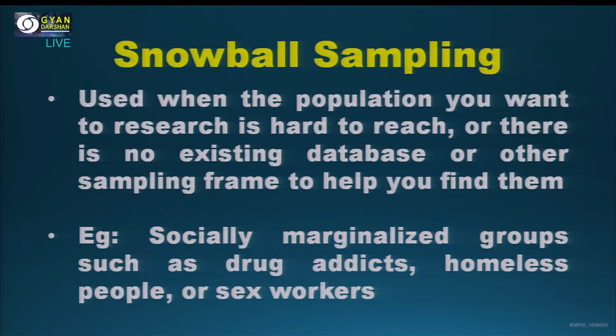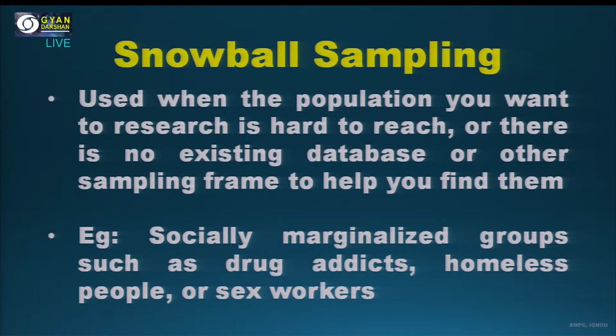The next, friends, is snowball sampling, used when the population you want to research is hard to reach, or there is no existing database or other sampling frame to help you find them. There are different kinds of examples for that. Say, for example, some socially marginalized groups, as you see on the slide: drug addicts, homeless people, sex workers.